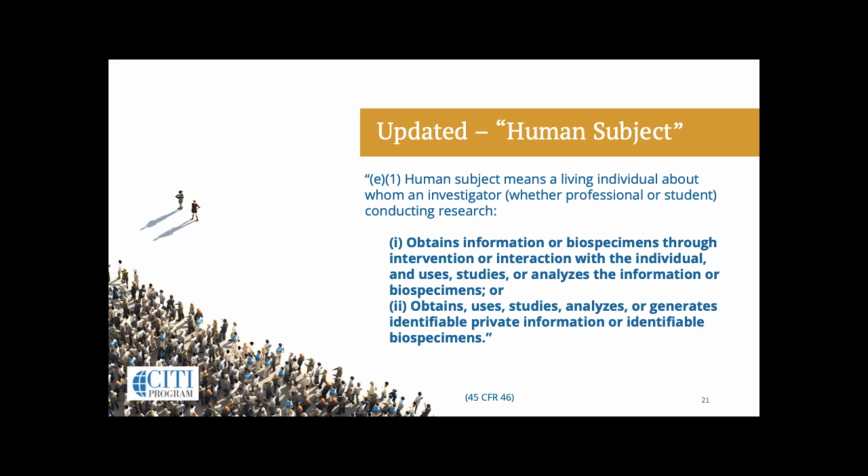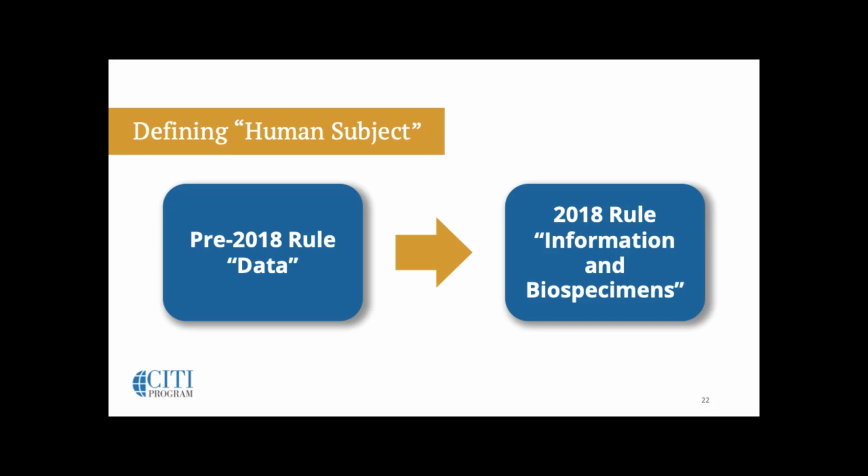Here's the new definition of human subject on this slide. The pre-2018 rule referenced data, however the 2018 rule changed to information and biospecimens. The explicit reference to biospecimens in this context is intended as a mere clarification of the previous understanding of how the pre-2018 rule operated.